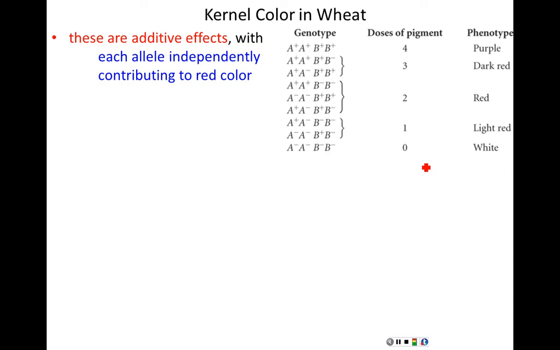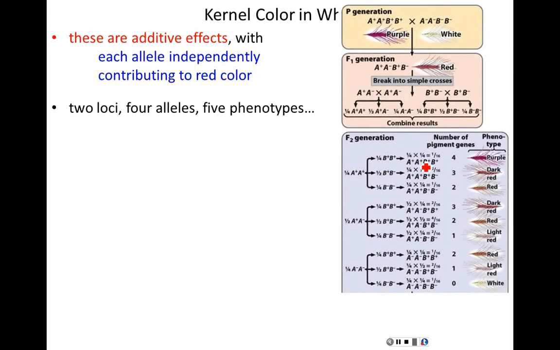These are what we refer to as additive effects, with each allele that is positive independently contributing its own red color. So there's no masking here. There's no dominance, because 2 positive alleles gives you more color than 1. 2 loci, 4 alleles, 5 phenotypic classes: purple, dark red, red, light red, white.